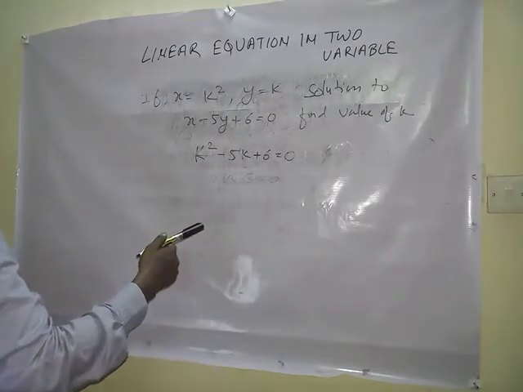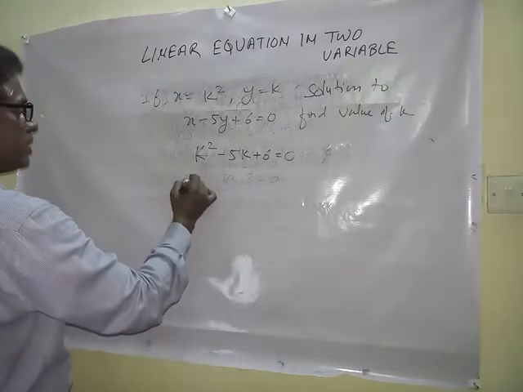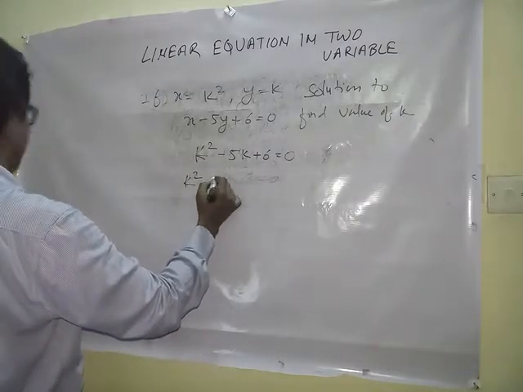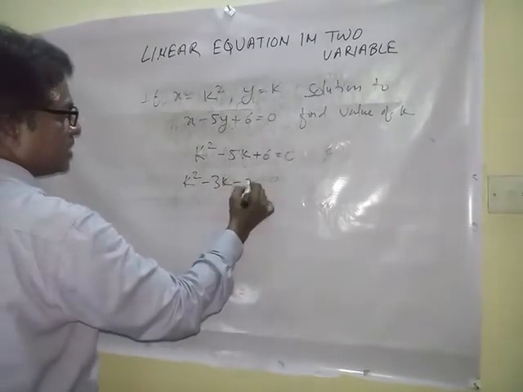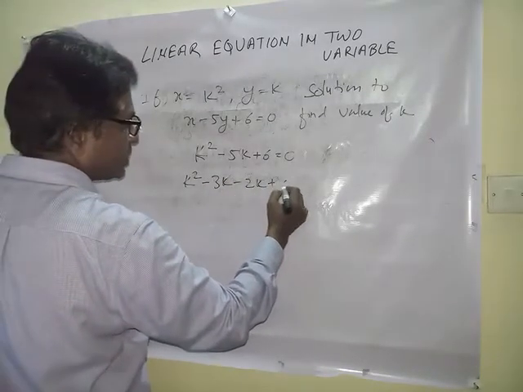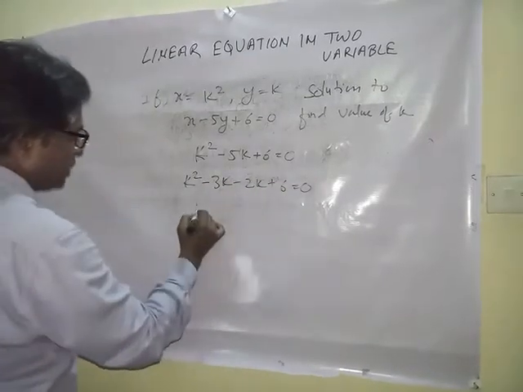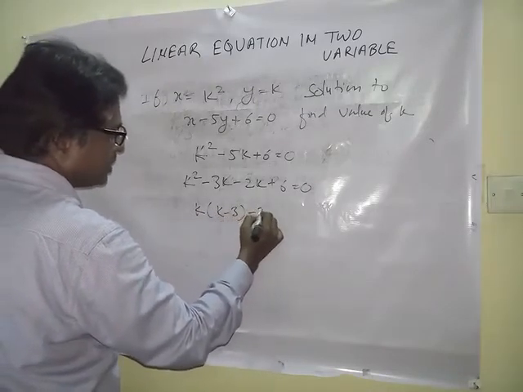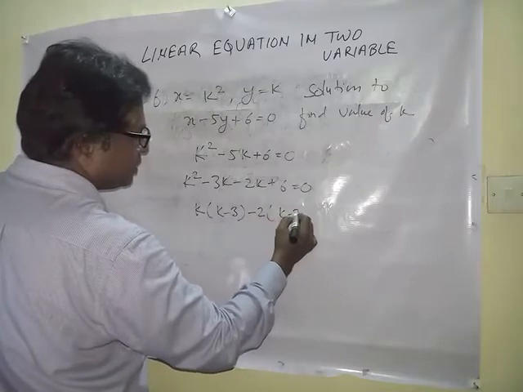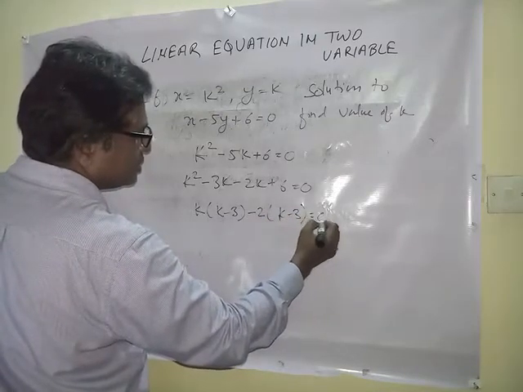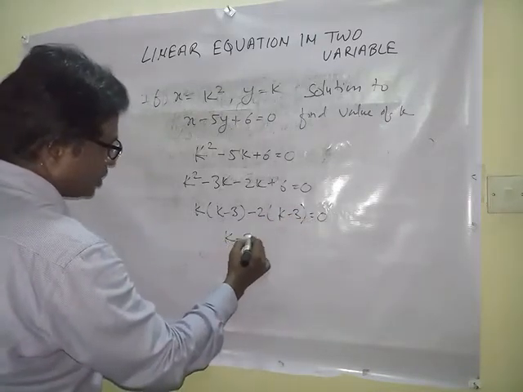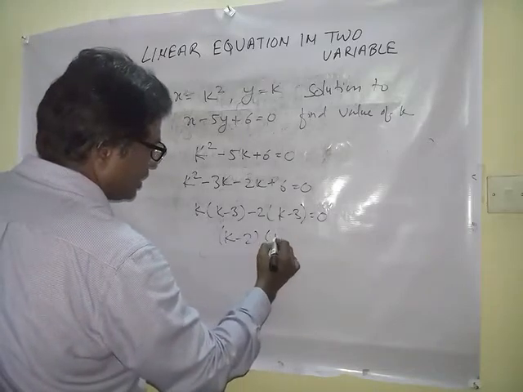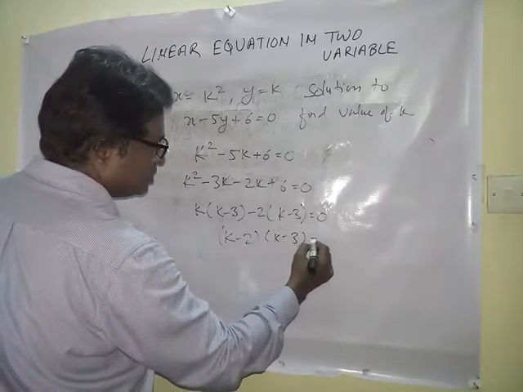You can break it apart into k square minus 3k minus 2k plus 6 is equal to 0. Take k common here, k minus 3. Take minus 2 common here, k minus 3 is equal to 0. So (k minus 2) and (k minus 3) is equal to 0.